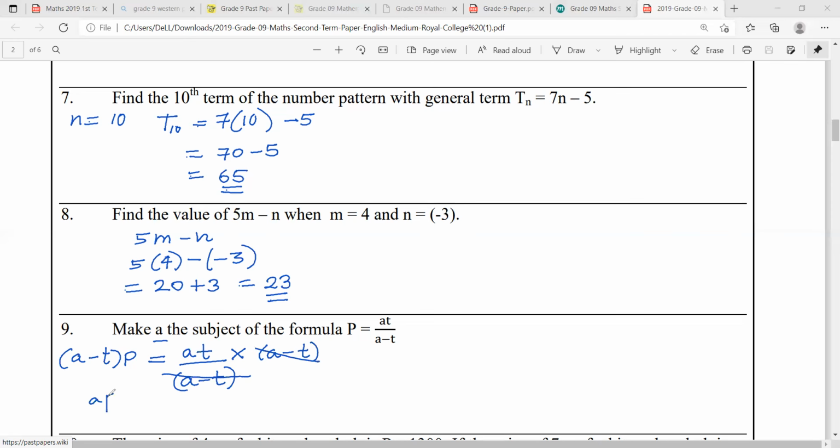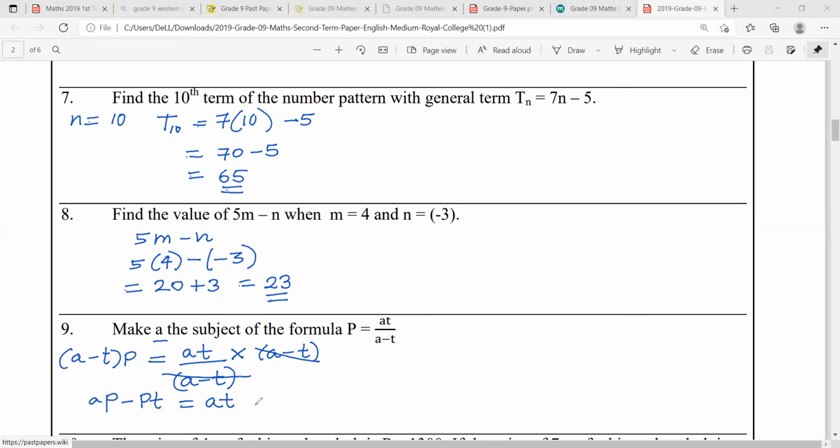AP minus PT equals AT, and then you can take A to one side, right? So you can put this PT into the right and take AT to the left.